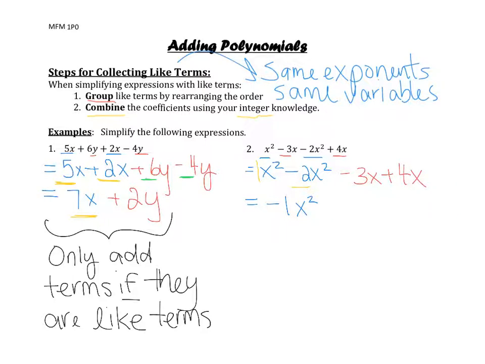Okay, and then our x terms, we have negative 3 plus 4, which gives us positive 1 of those terms, x. Okay, and just note it's common practice not to actually write the ones in this. So you would usually see this as negative x squared plus x.